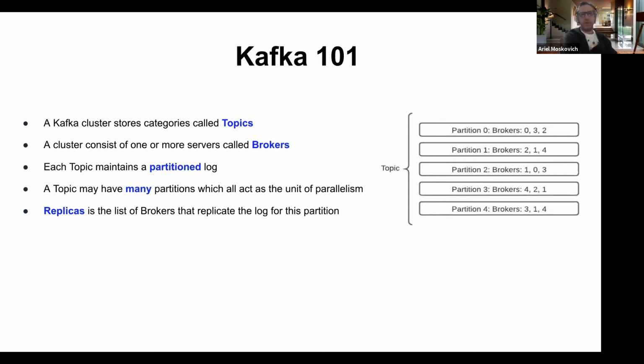So if, for example, we're running a topic with a replication factor of 1, this partition will be held by one broker. If we look at the example on the right, we can see an example for a topic. Partition 0 in that case is held by broker IDs 0, 3, and 2. Partition 1 by brokers 2, 1, and 4, and so on. Each one of those partitions is a file on a node.